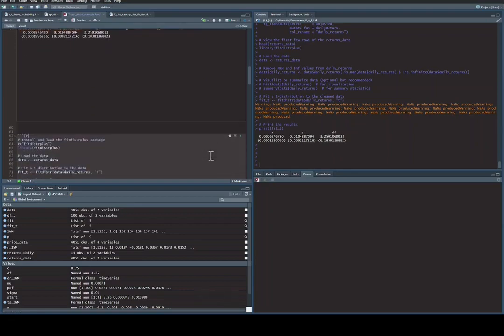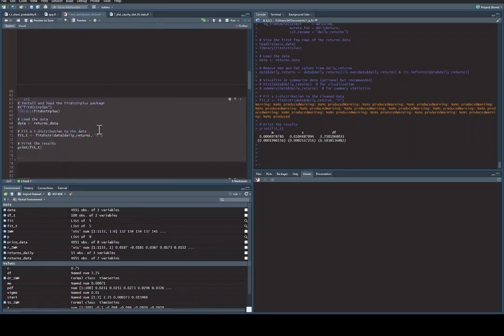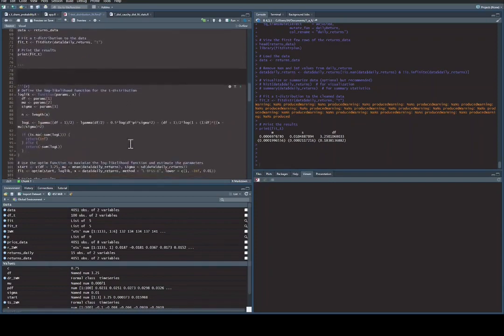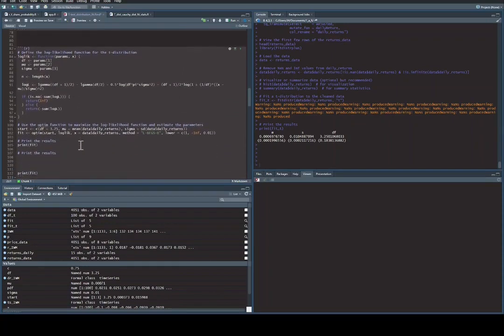Now I'll put that into a user-defined function of log likelihood to estimate a fit for the chart in ggplot. That's the model I abandoned.